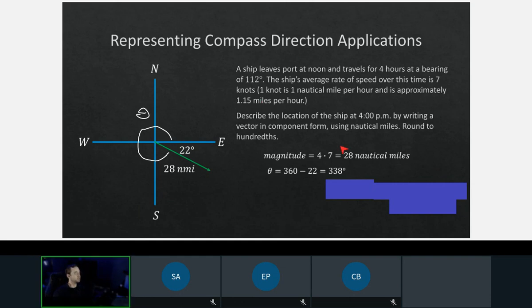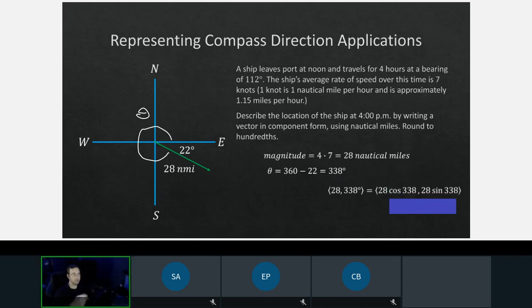All right. Next, we need to write this in the magnitude and direction form. So magnitude being 28, direction being 338. And then to convert it back to the component form of a vector, it's the magnitude times cosine of the angle, comma, magnitude times the sine of the angle.